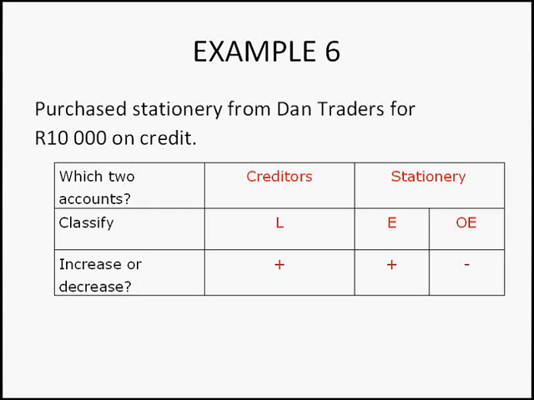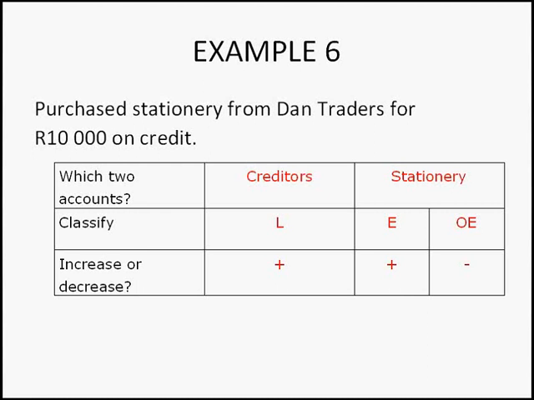But in this case, stationery isn't stock, it's not inventory, even though we will keep an inventory of stationery, but that's something totally different. But stationery are things that we use on a daily basis, so they are seen as expenses. And because we are now working with an income or an expense, we also have to look at the effect on owner's equity. So creditors is a liability, stationery is an expense, and expense is part of owner's equity.